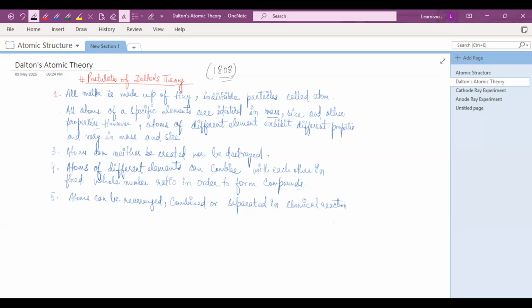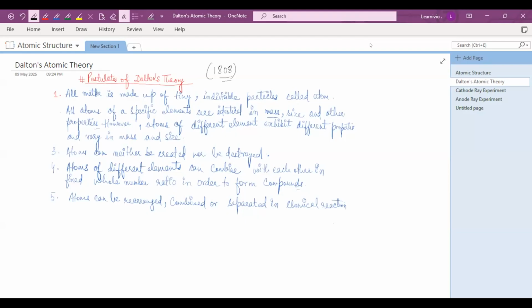Hypothesis means इन्होंने बस assume करके उन्होंने theory दे दी, इसका कोई भी proof नहीं है, just like an axiom. कोई भी particular experiment नहीं किया, it's just a theory, right?